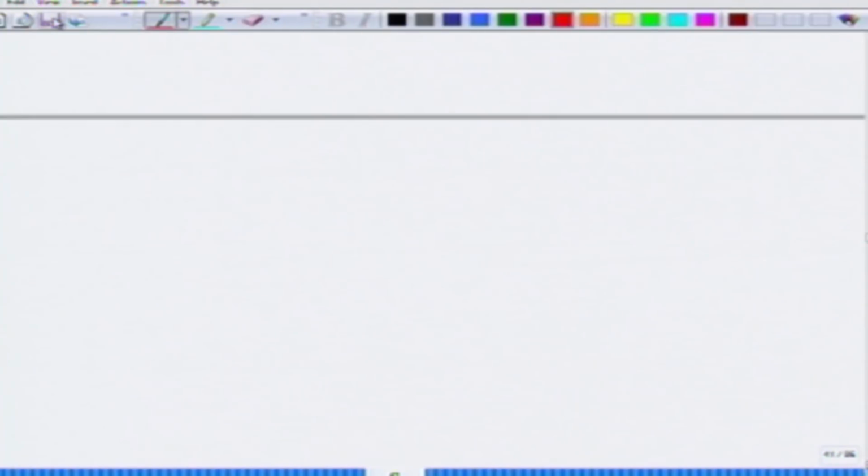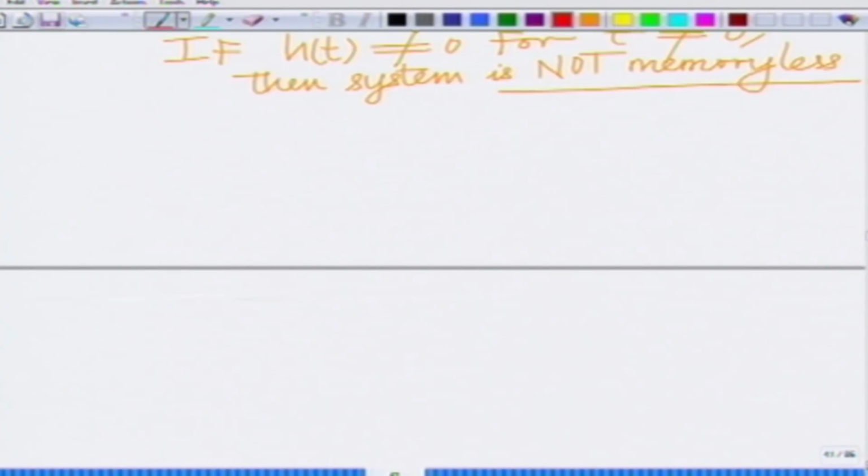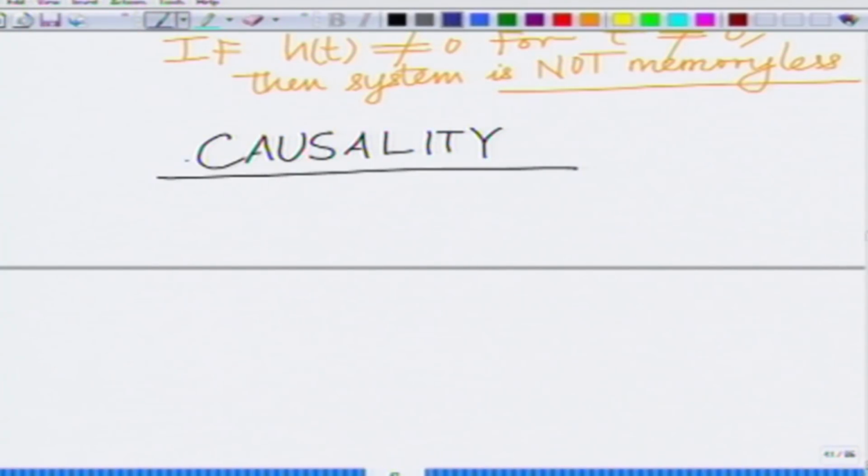Now, causality, another important property of LTI systems, is causality or a causal system.